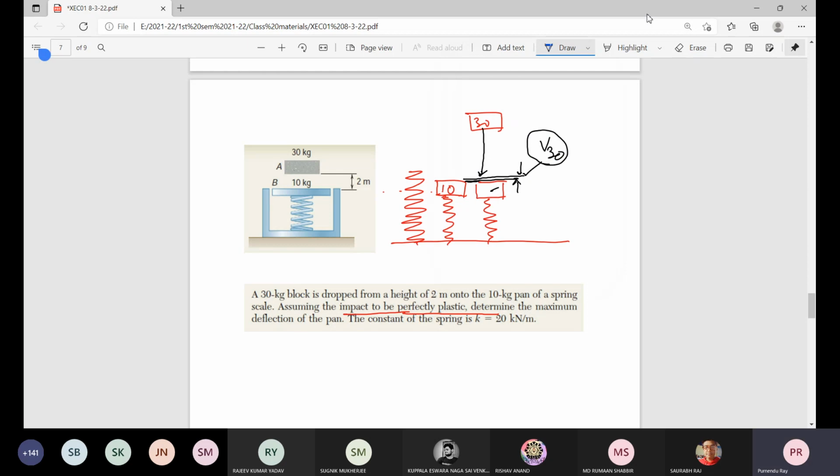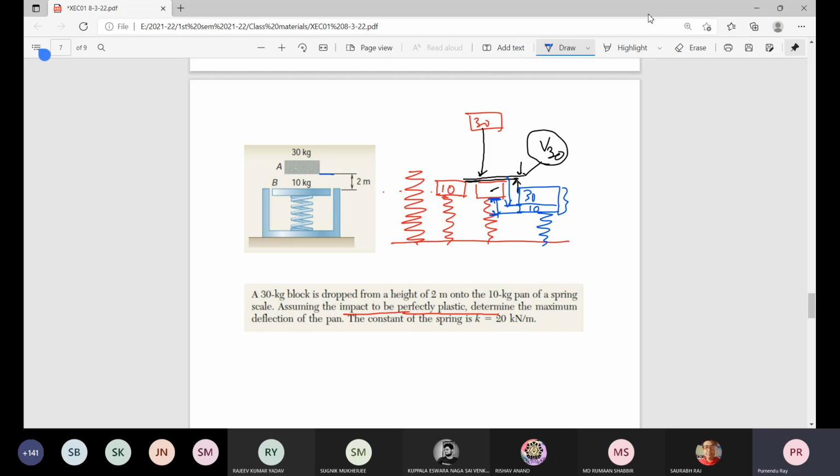That means if it is the final deformation, so from that maximum velocity to this, or from this level to this level, the bottom level of that 30 kg mass before impact and the bottom level of this 30 kg mass at maximum deflection, or simply the top, the free end of this spring before impact and the free end of the spring after impact, whatever we like to define it, the things will be such that there is a combination of movement in this plastic impact.